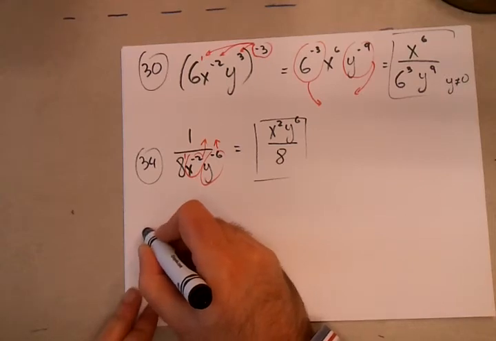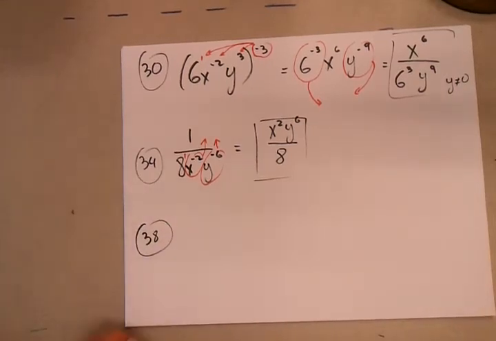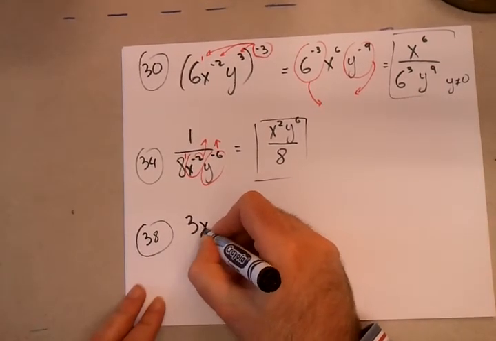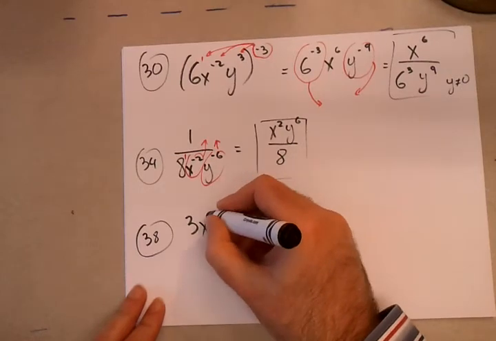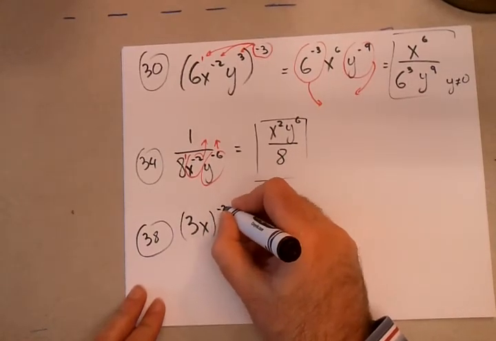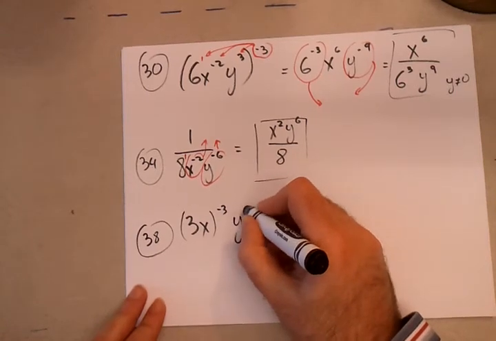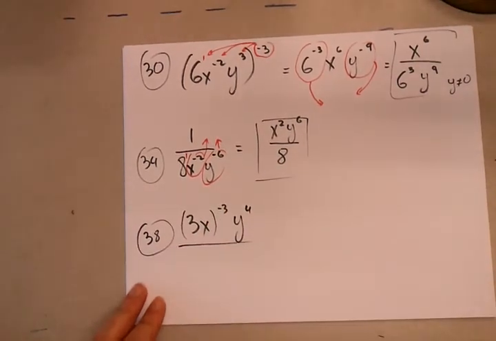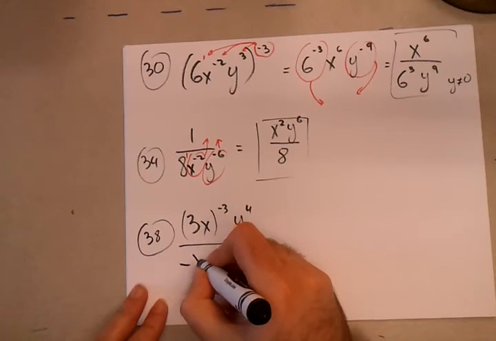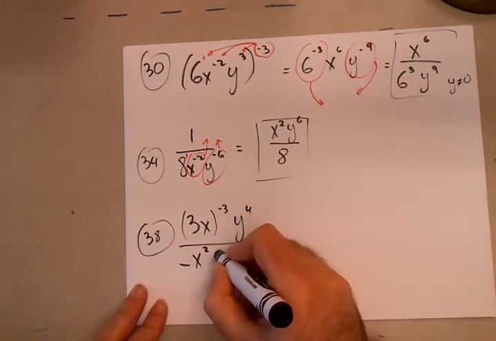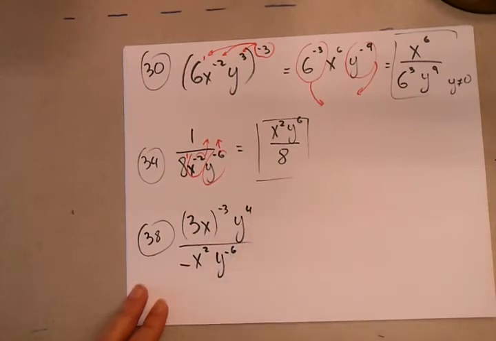It's going to be 38. And this one's a little bit tougher. They always like to save the best for last. So 3x all to the negative 3rd power times y to the 4th power all over negative x squared times y to the negative 6th power.